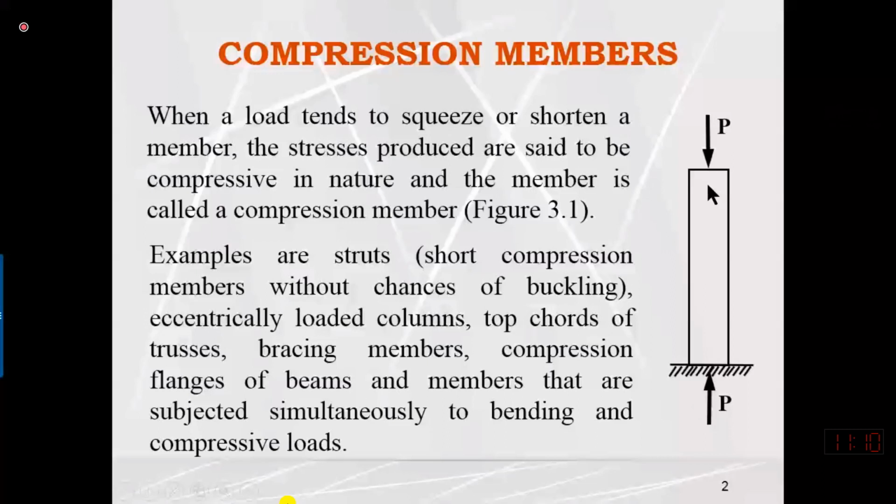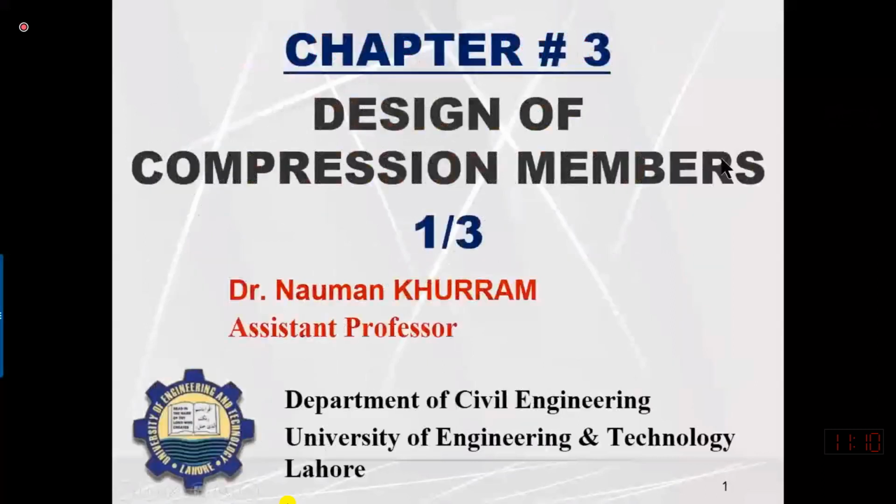It will not bend in the lateral direction, as we keep on increasing the load until we approach a particular load value. That value may be 60. At that point, the member will be slightly bent in the lateral direction due to compressive forces.